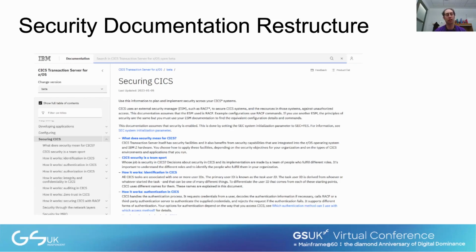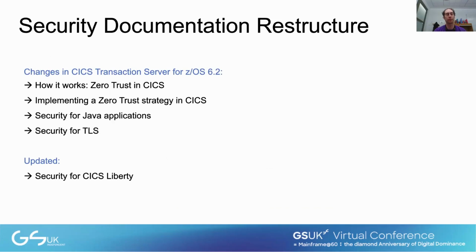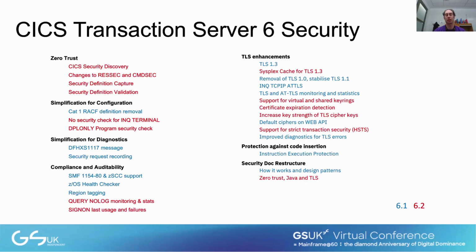So we've restructured it, and you can see we've got how it works, high level overviews, and then we drop down into configuration options and design options, and then real examples of the definitions you would use to set your system up in this way to achieve a particular security capability. This has been an ongoing process, and you can appreciate there's a lot to cover. So we've been largely focusing on the zero trust items, Java, some TLS bits, and Liberty.